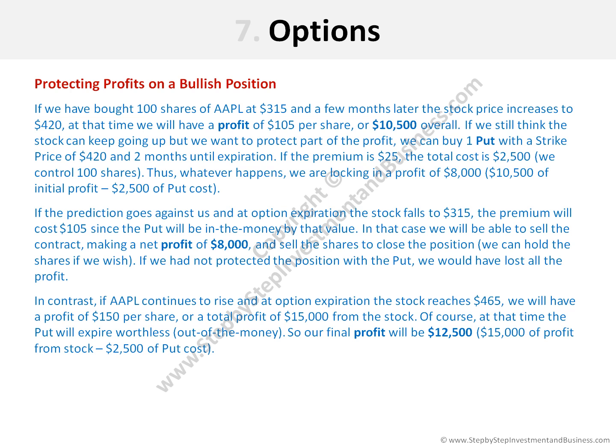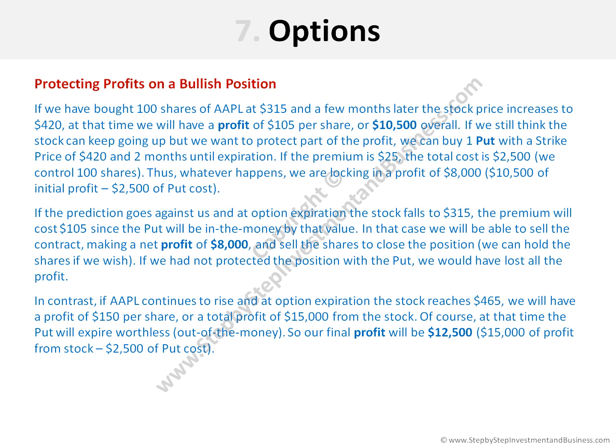If we still think the stock can keep going up, but we want to protect part of the profit, we can buy one put with a strike price of $420 and 2 months until expiration. If the premium is $25, the total cost is $2,500. We control 100 shares. Thus, whatever happens, we are locking in a profit of $8,000.